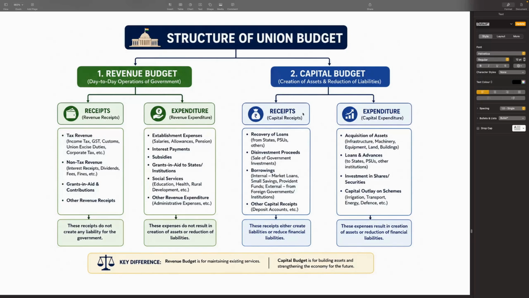Capital budget: receipts and expenditure again. Receipts include recovery of loans, disinvestment proceeds, borrowings, and other capital receipts. Expenditure includes acquisition of assets, loans and advances, investments in shares and securities, and capital outlay on schemes.